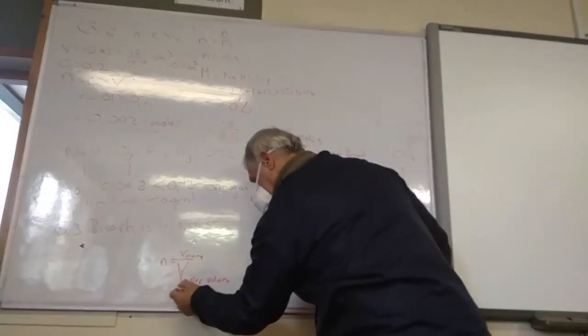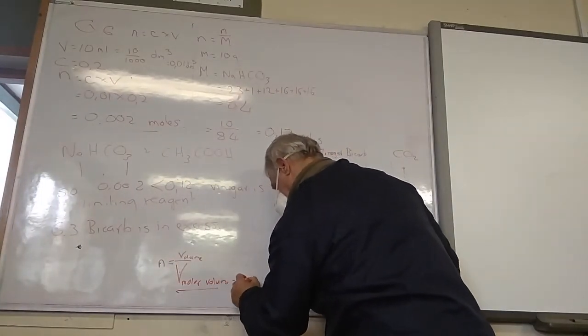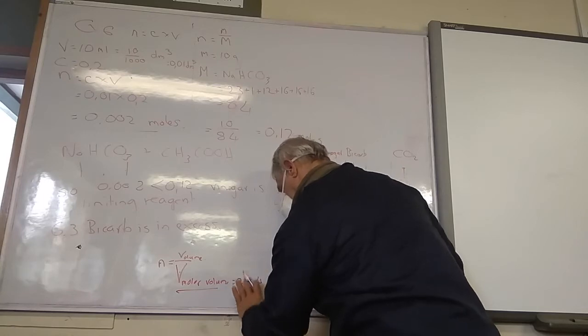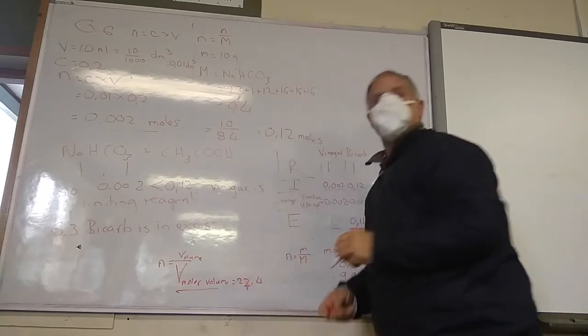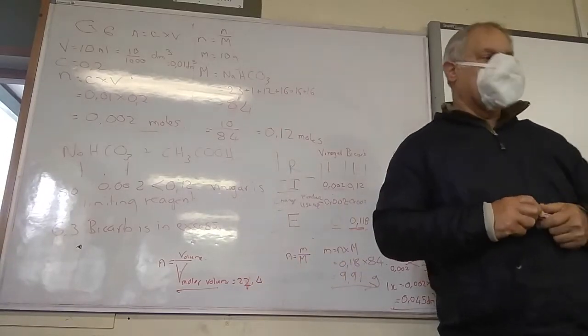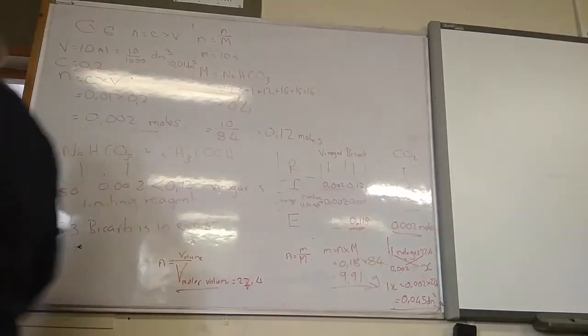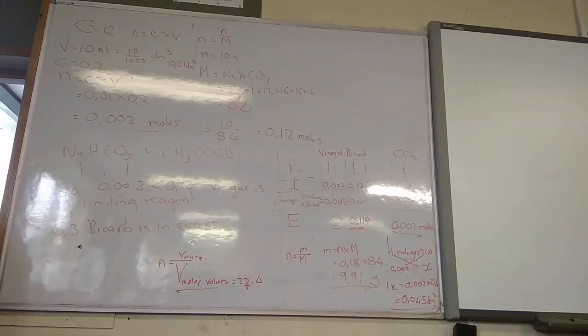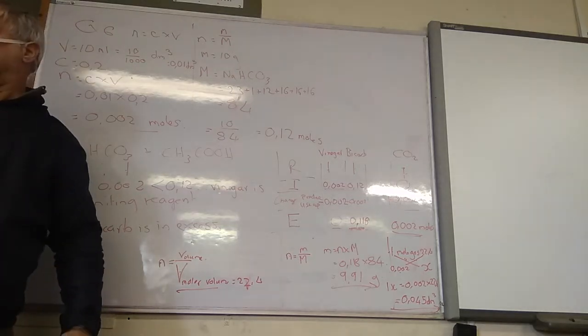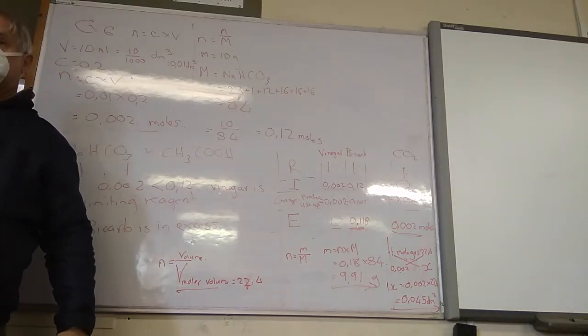Who can explain to me what it means by molar volume? How many of these milk bottles do I have to have full of gas to get 1 mole of any gas? This is a 2-liter milk bottle, and a liter is a decimeter cubed. How many of these is 1 mole?